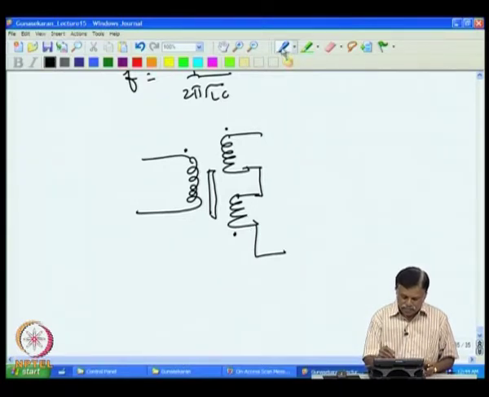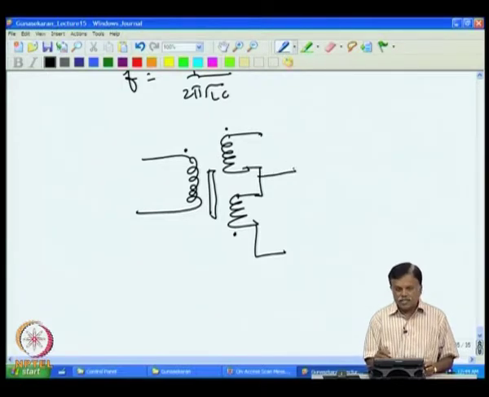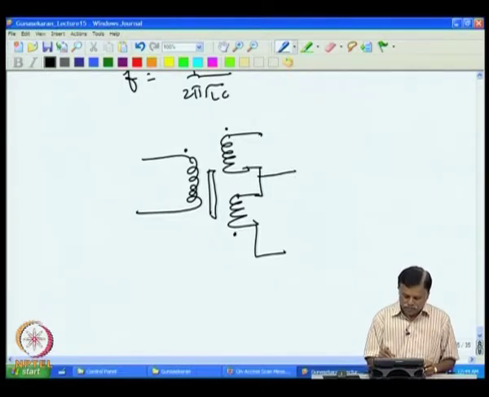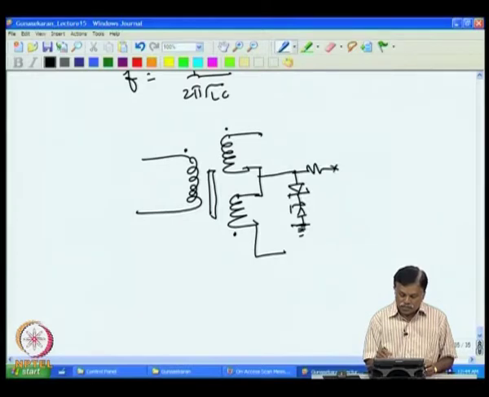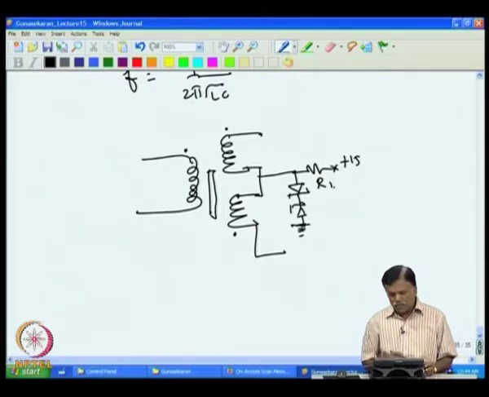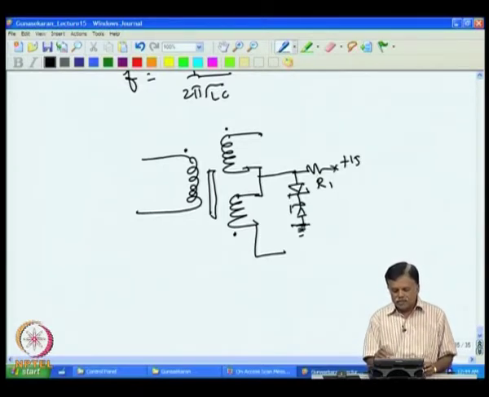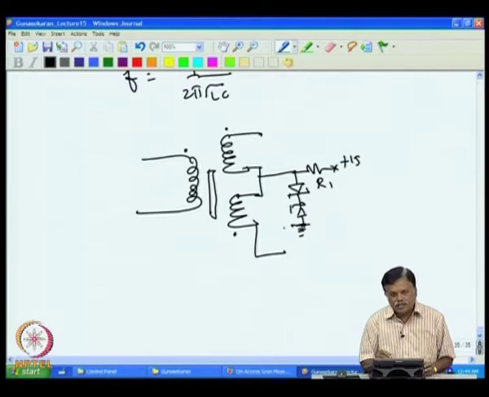Now, take this. What I do is, instead of grounding this, I will connect this to a diode and then a Zener diode. Then I bias this using a resistance. I put a resistance here to bias this, to see how much bias current we have to send through this.